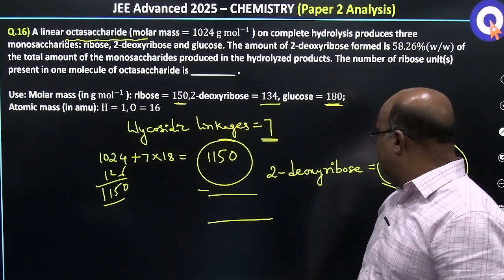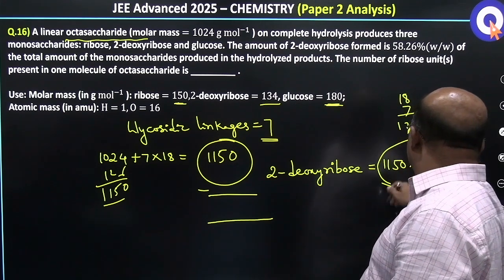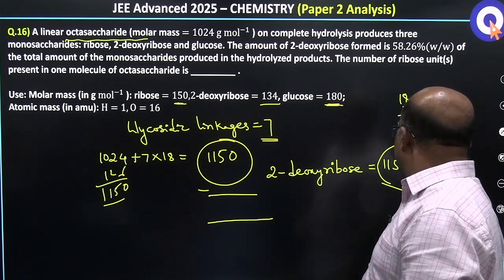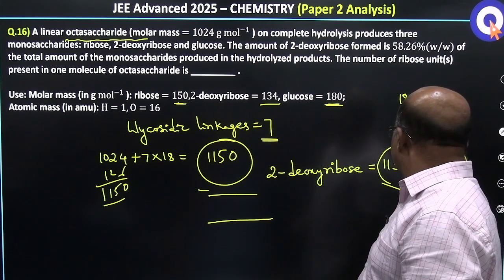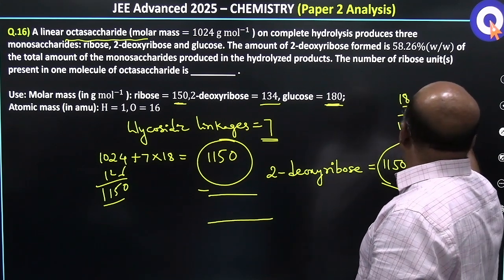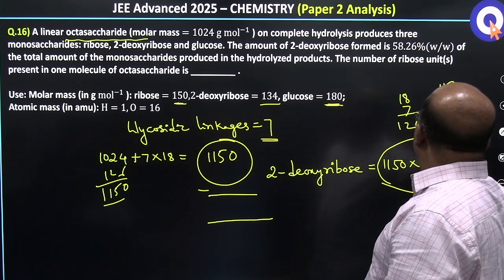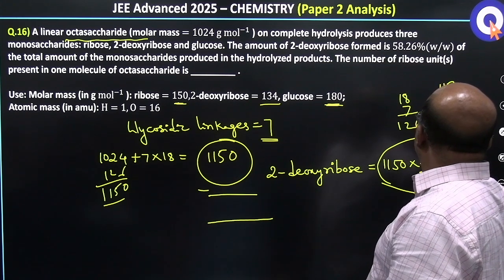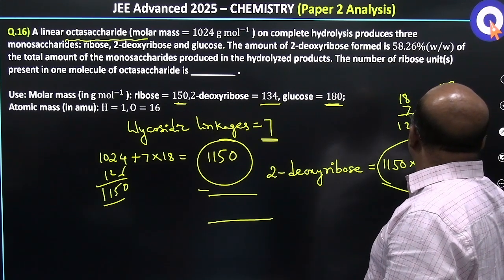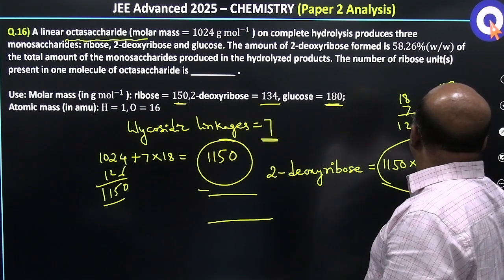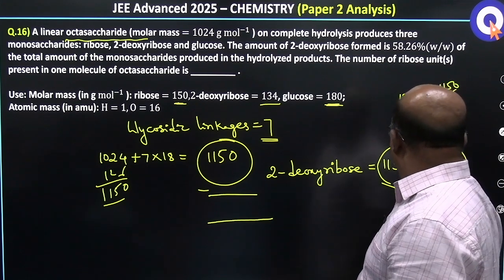Doing this calculation, it is around 60%. 60% of 1150 is around 690.